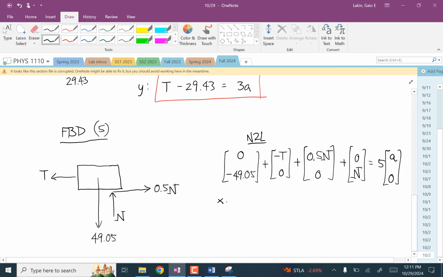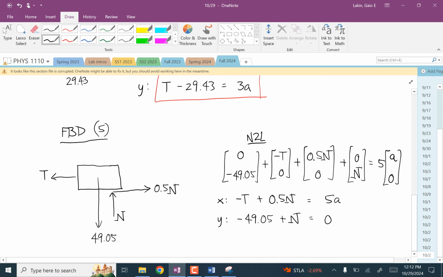And we have two equations: negative T plus 0.5N is equal to 5a. And then the y equation, sorry, says negative 49.05 plus N is equal to 0.